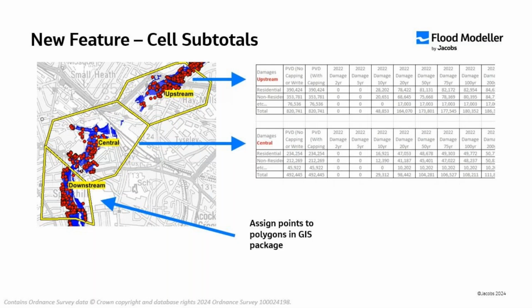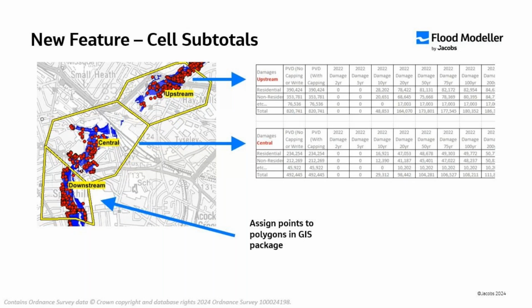The next new feature is a simple flood cell function. When you're analysing results, you'll quite often have different flood cells that you want summaries for. You could easily have 3 of these, like in the picture. You could easily have a lot more. If you wanted separate totals, previously you would have had to run Damage Calculator several times, one for each cell, or do some post-processing. That could start turning into a lot of time in data management.